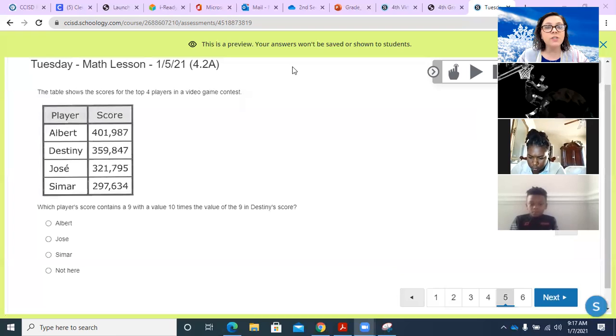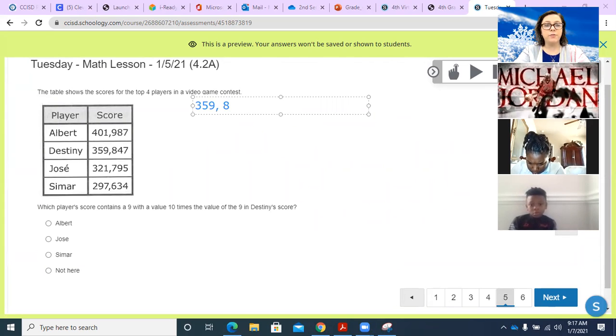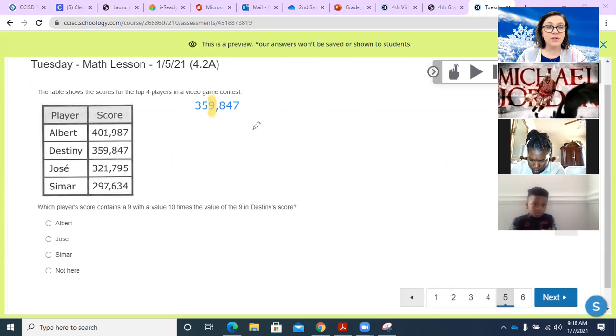Let's first look at Destiny's score. Destiny had a score of 359,847. We can see that the 9 in Destiny's score was in the thousands place. Good.